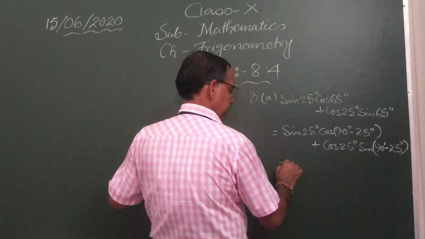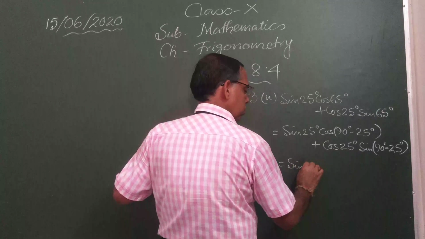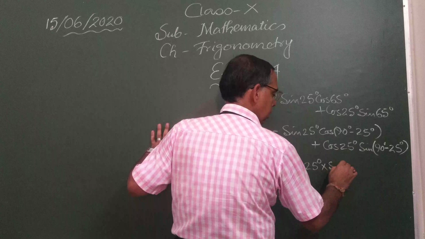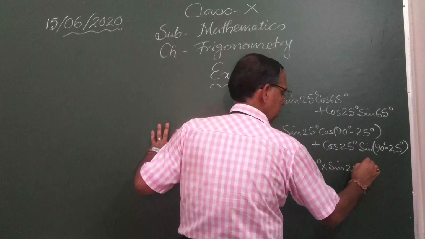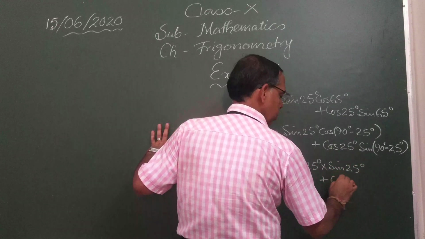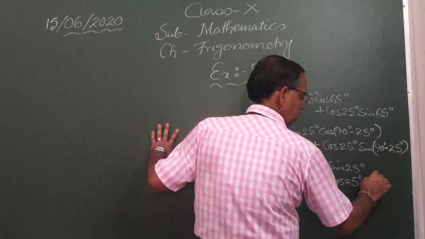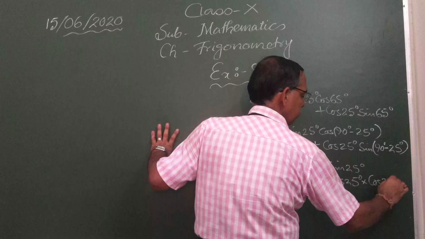Then you see sin 25 degrees into sin 25 degrees plus cos 25 degrees into cos 25 degrees.